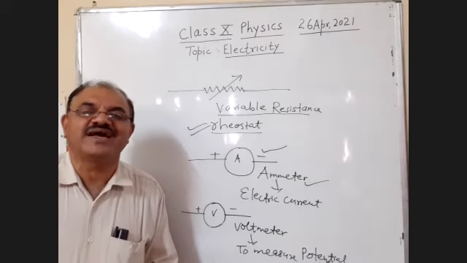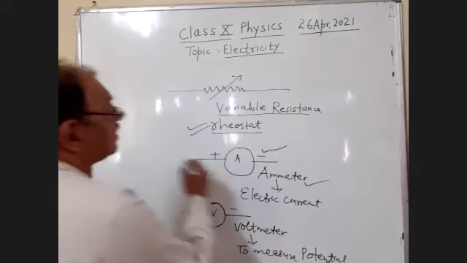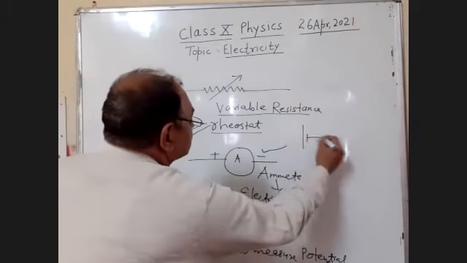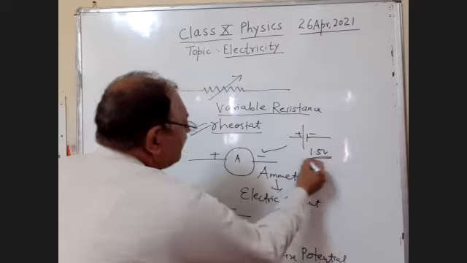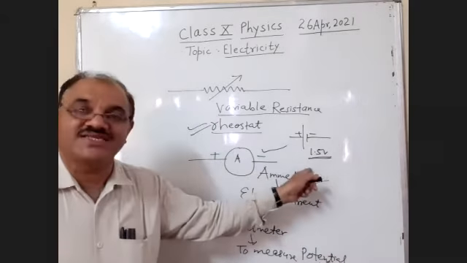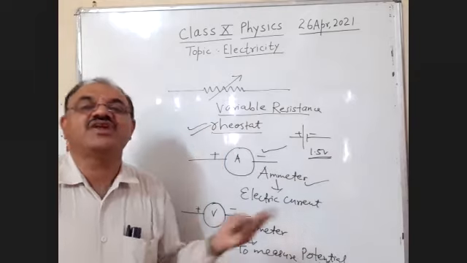For example, the potential difference of a cell, with positive and negative terminals, is 1.5 volt. 1.5 volt is the potential of a single cell. If two cells are there, it is 3 volt.